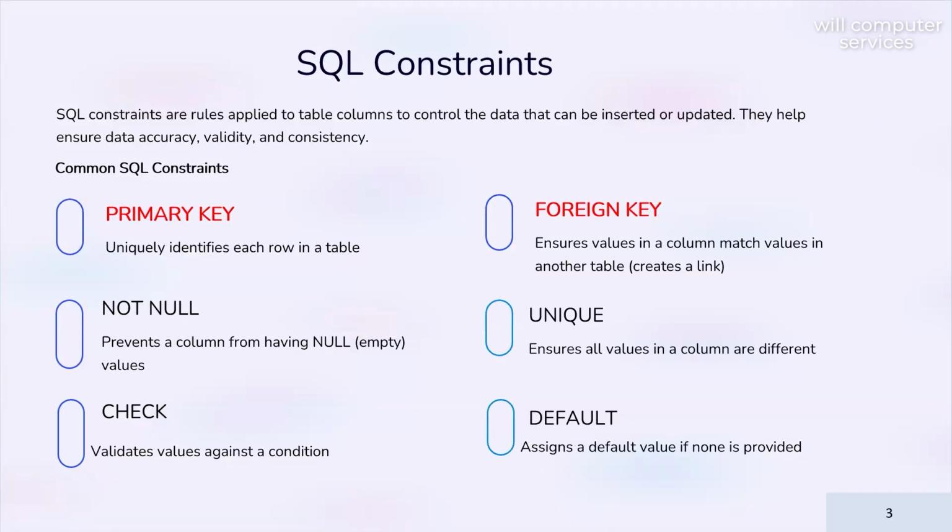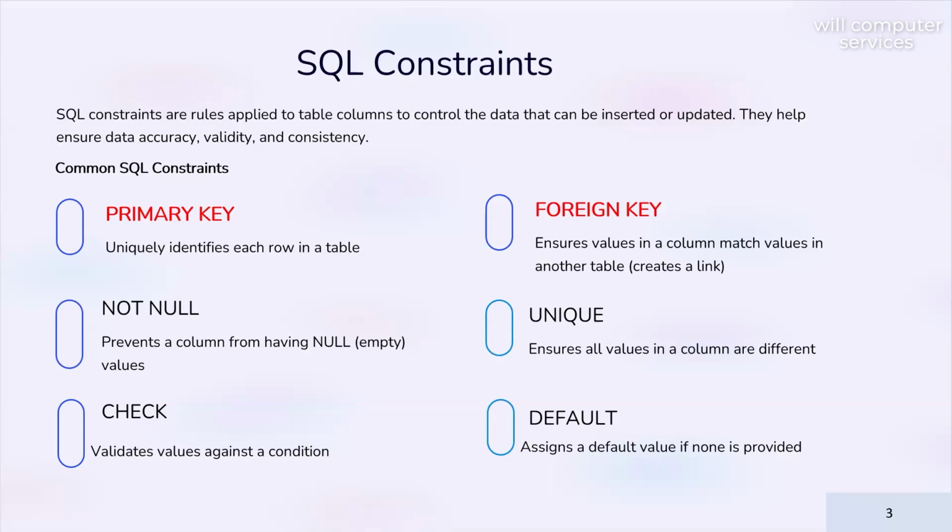SQL constraints are rules applied to tables, columns, to control the data that can be inserted or updated. They help ensure data accuracy, validity, and consistency. We have the most common SQL constraints. We have 6 most common, but the one that will interest us the most are the primary key and the foreign key.